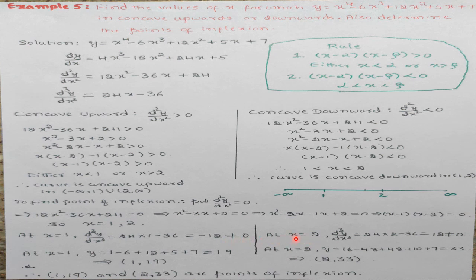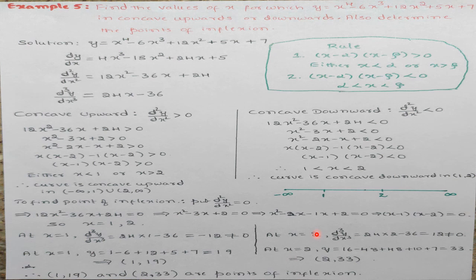At x = 2, d³y/dx³ is 24 × 2 − 36. 48 − 36, you will get 12. 12 is not equal to 0. Therefore, d³y/dx³ is not equal to 0 at x = 2.